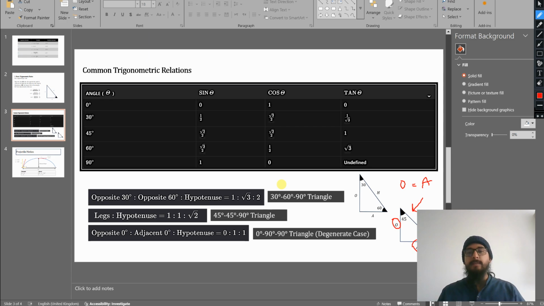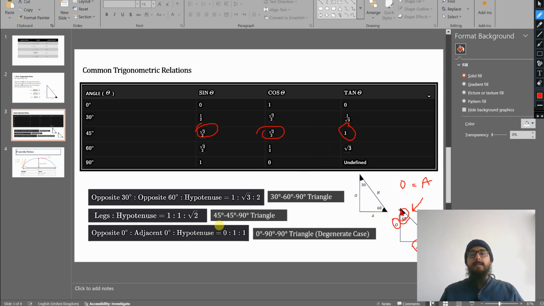And the second interesting thing is that sine theta and cos theta are both equal, and we do not have to worry about which angle we are considering. Either of the angles will give the same result, and tangent theta is equal to 1.